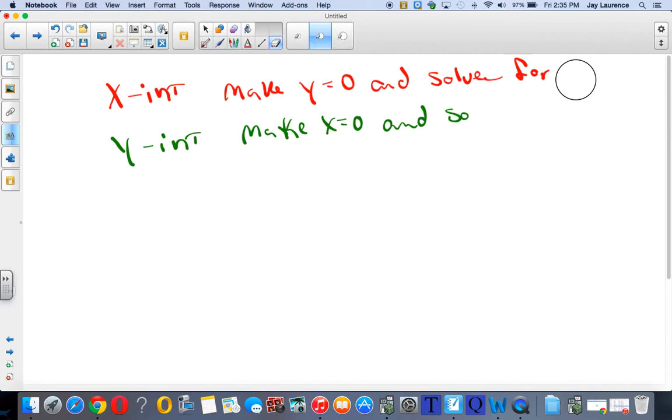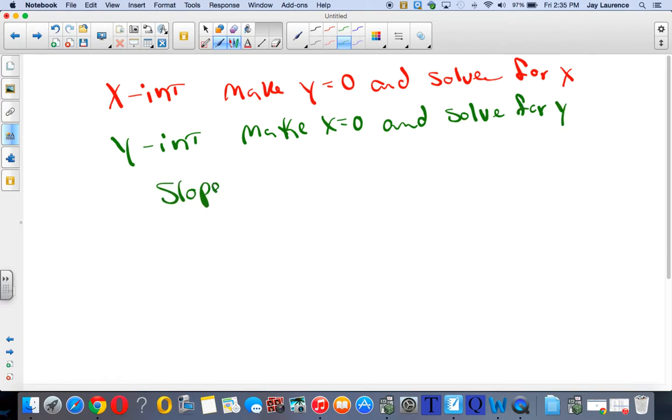Oop, that's a mistake up there. Sorry, it's solve for y. No, it's solve for x. I said that right. Okay. And so to get the y-intercept, we make x equal to 0 and solve for y. To get the slope, we just do the negative of A over B. So let's see how this works.